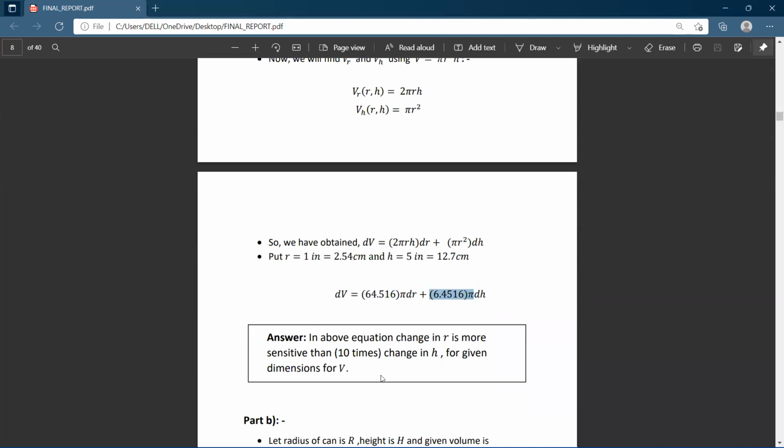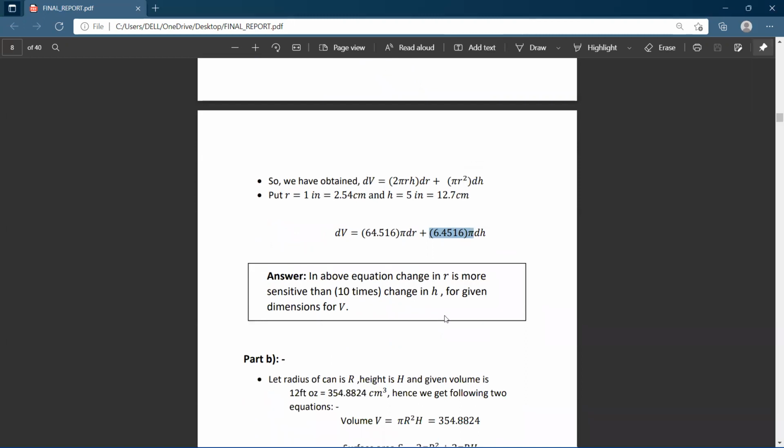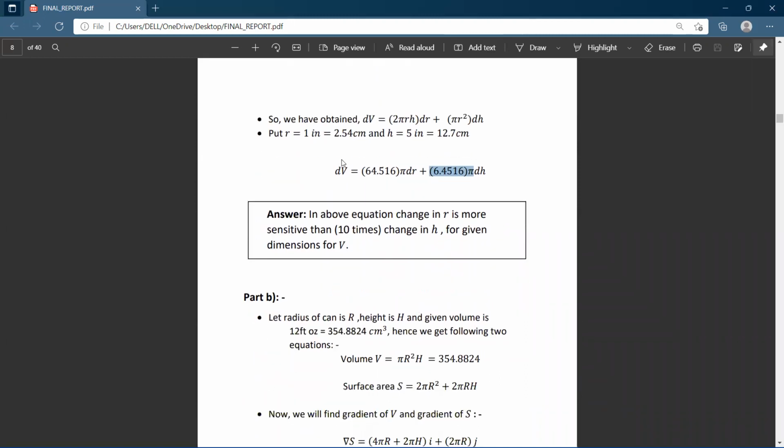So a small change in r is much more sensitive than a small change in h for dV, meaning the small change in volume.